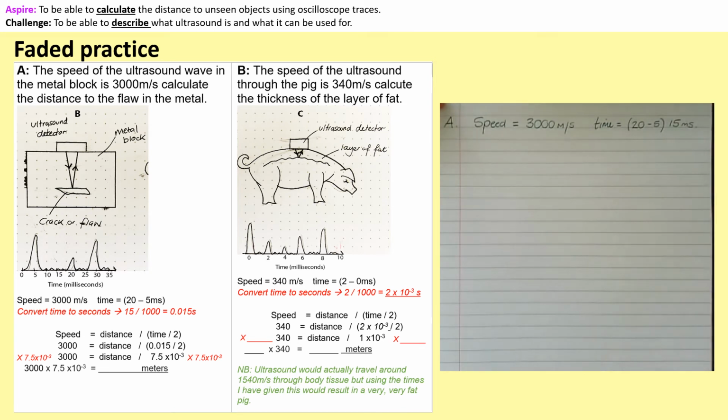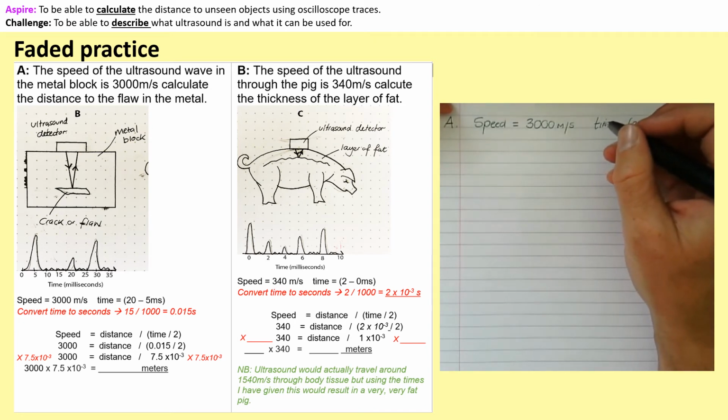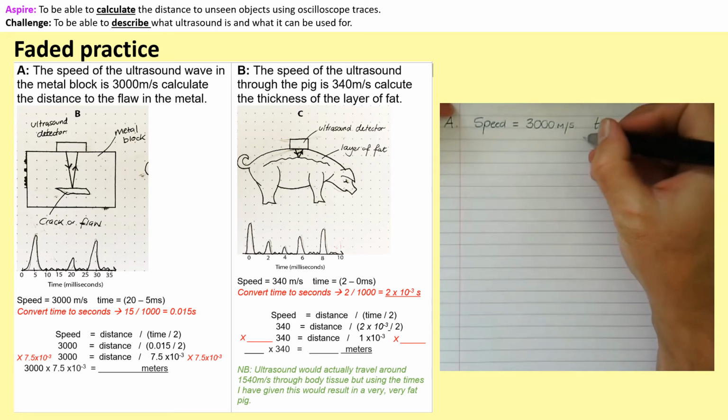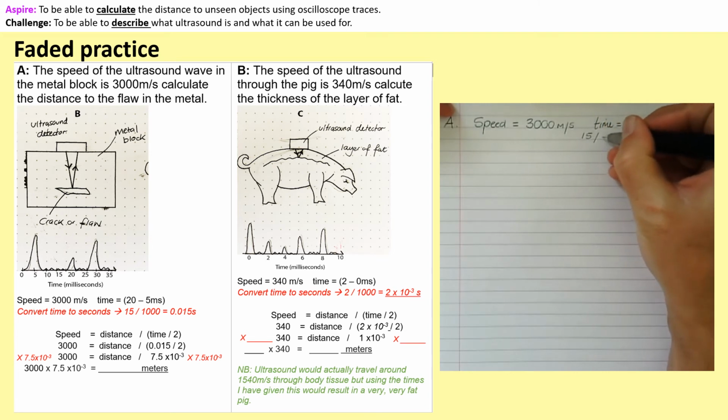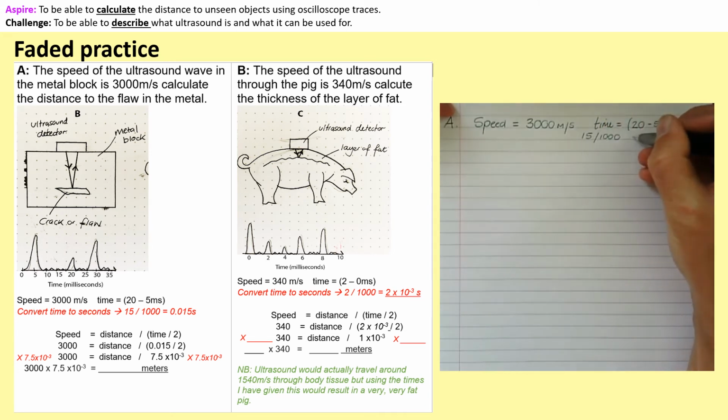milliseconds. Now we don't want to use milliseconds because our calculations won't work. We need to use standard units. So we are going to turn that into seconds. To convert milliseconds to seconds, we divide by 1,000. So we do 15 divided by 1,000, and that's going to give us 0.015 seconds.